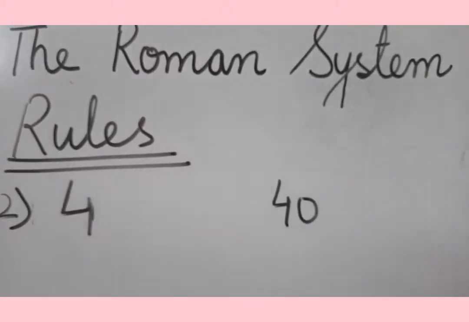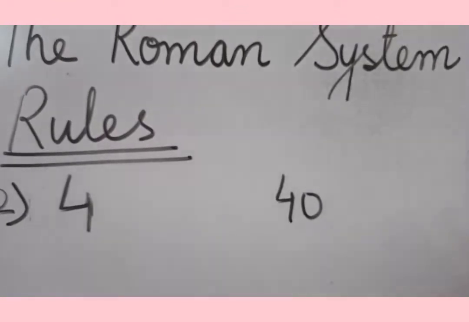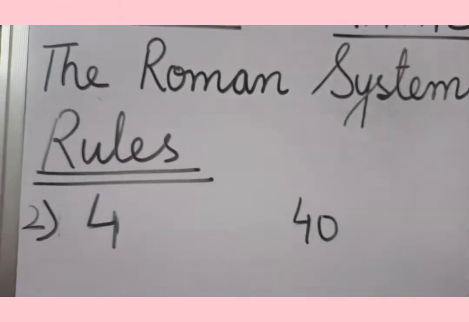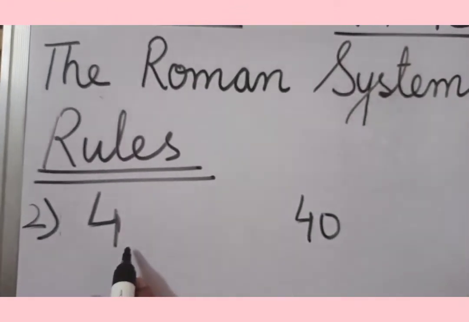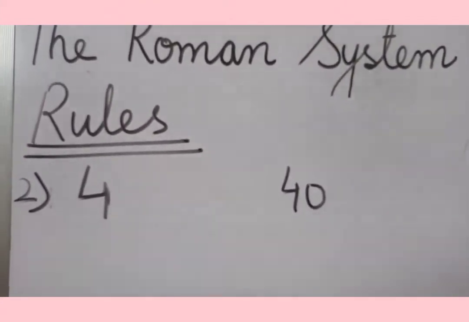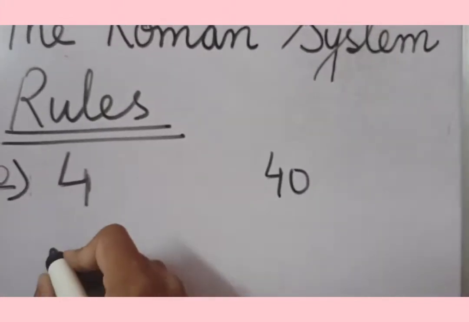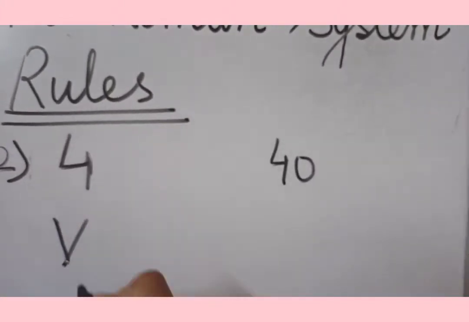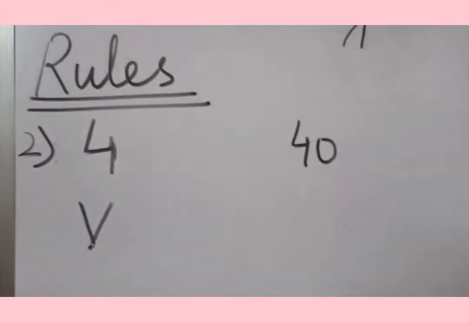And now our second rule will tell how to write the alphabet for 4 or 40. The rule says after I we have V. The next alphabet is V, which stands for 5.